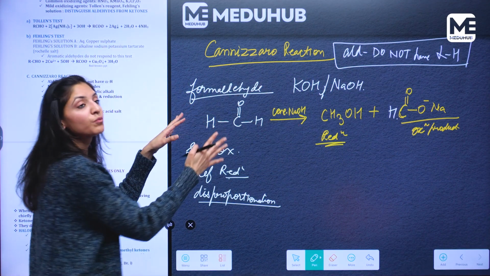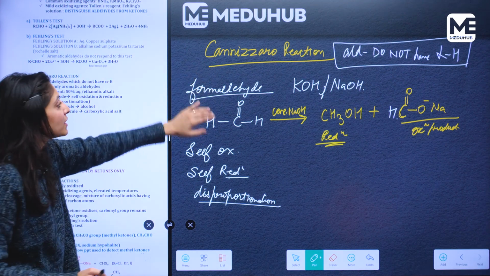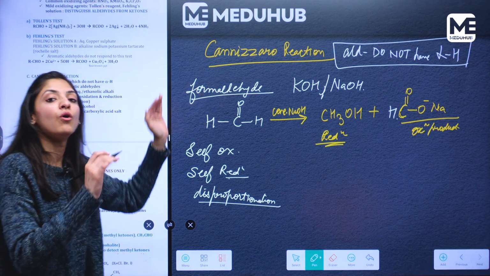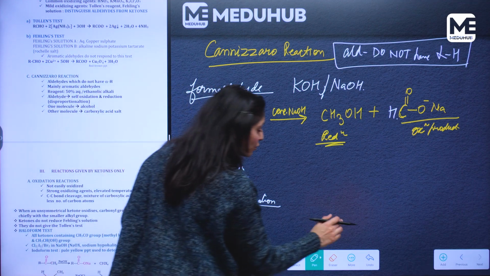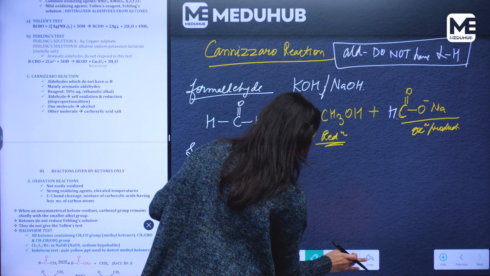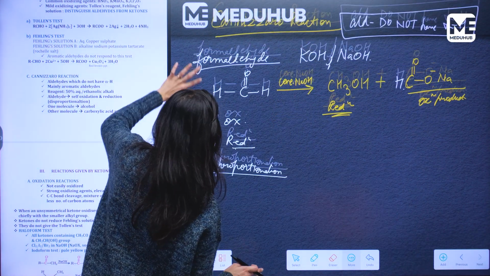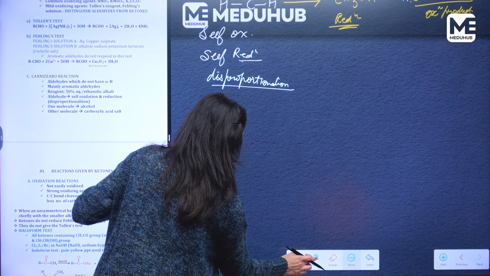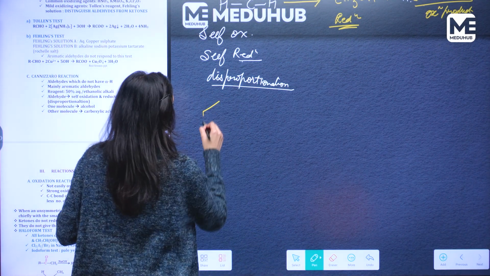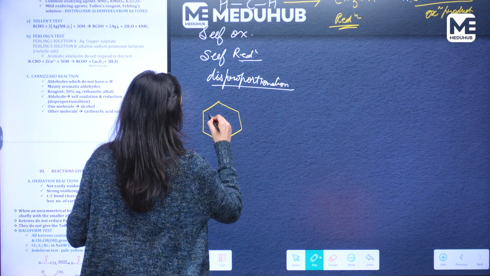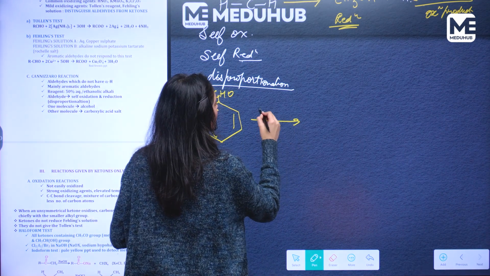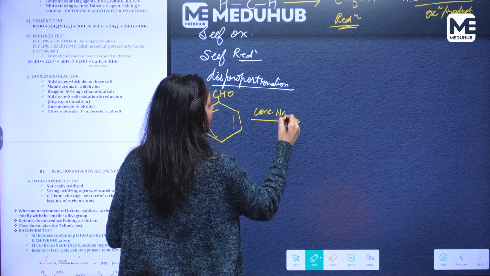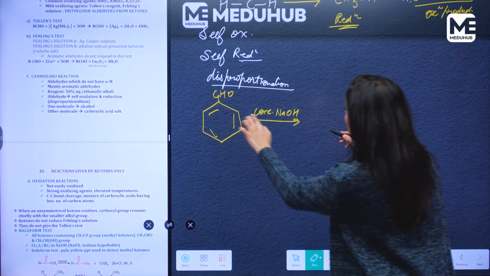This is more appropriate for aromatic aldehydes. Why? Because apart from formaldehyde, all the other aliphatic aldehydes will have an alpha hydrogen. So all aromatic aldehydes do not have an alpha hydrogen. So we can write down this reaction for benzaldehyde as well. C6H5CHO with conc. NaOH. No alpha hydrogen here.